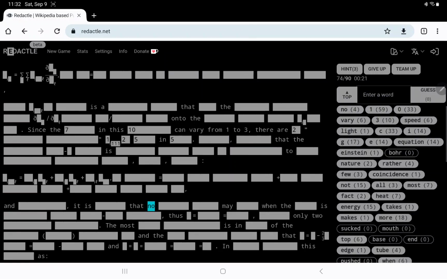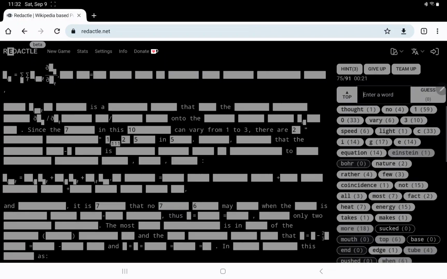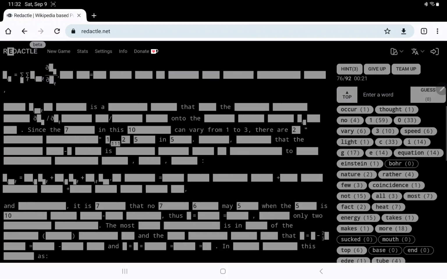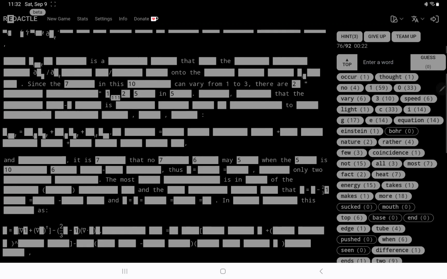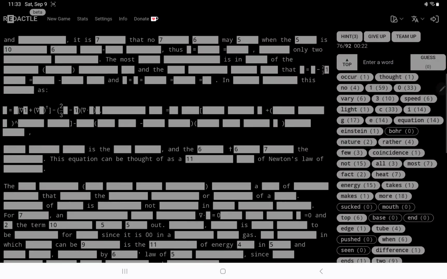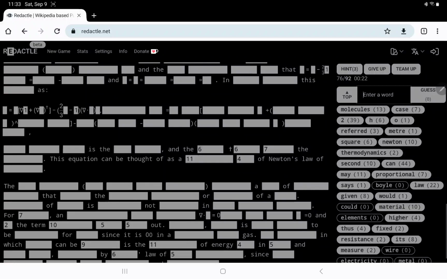There are no. It is something thought. No, that no 7, 6 may occur. No, when the 5 is something. Here we have 2/3 of something, and there's another 2/3 as a something case. So I did case.